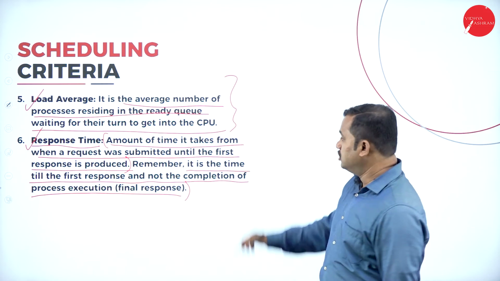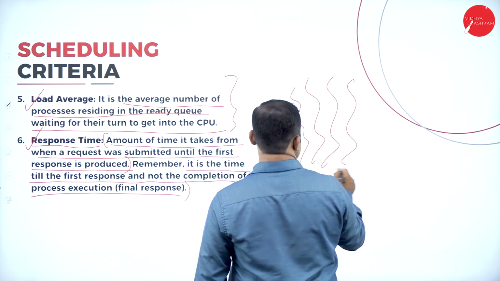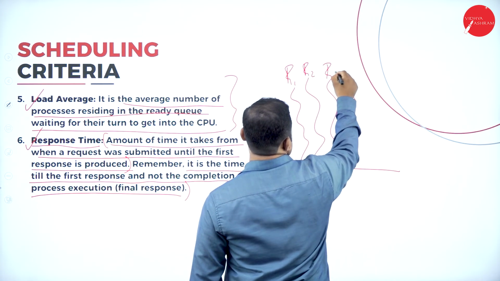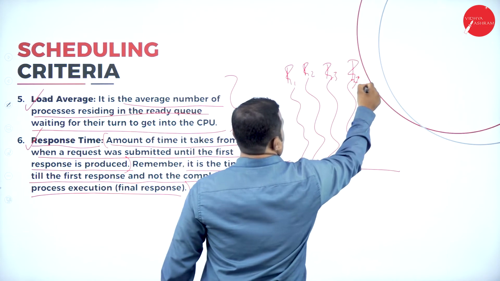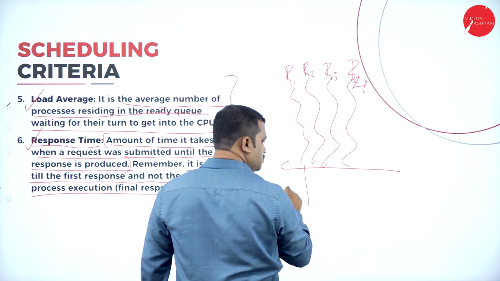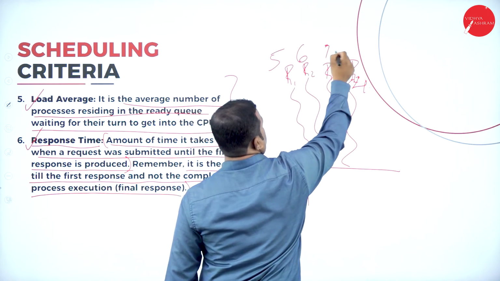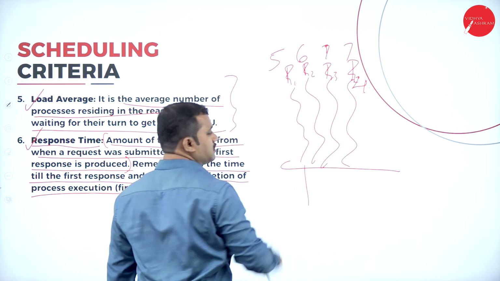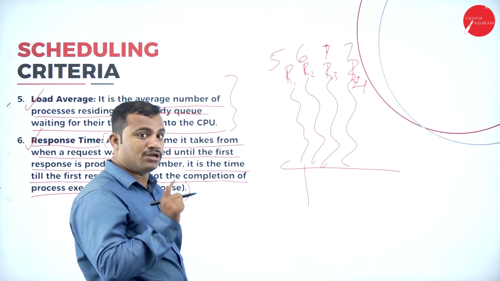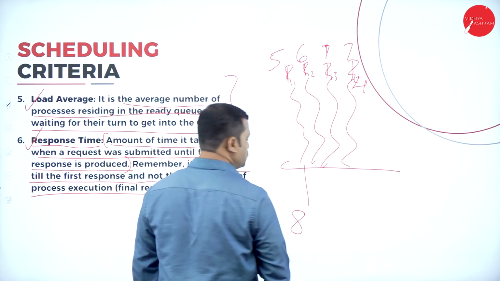Suppose there are multiple requests, 4 requests, R1, R2, R3, R4. What is the time taken to produce a response? Maybe the requests were given to the CPU at the 5th, 6th, 7th second. But what is the time taken to produce the first response? That is maybe the 8th second.